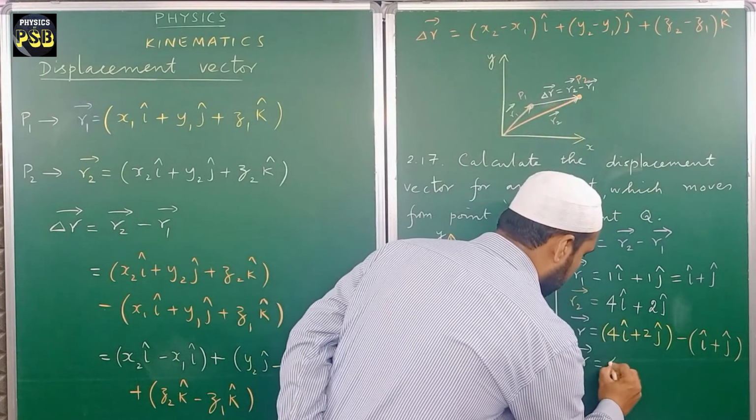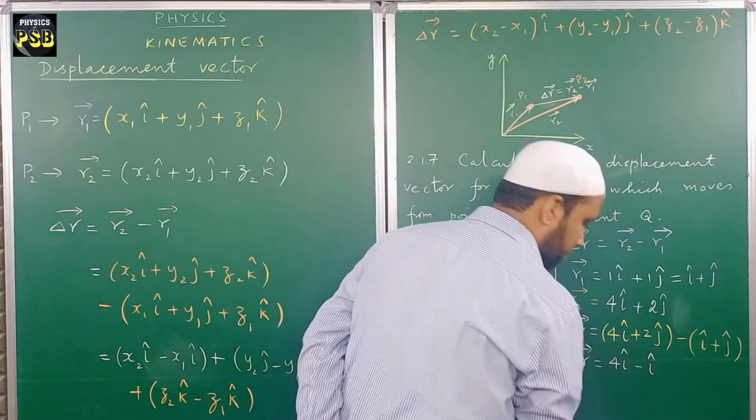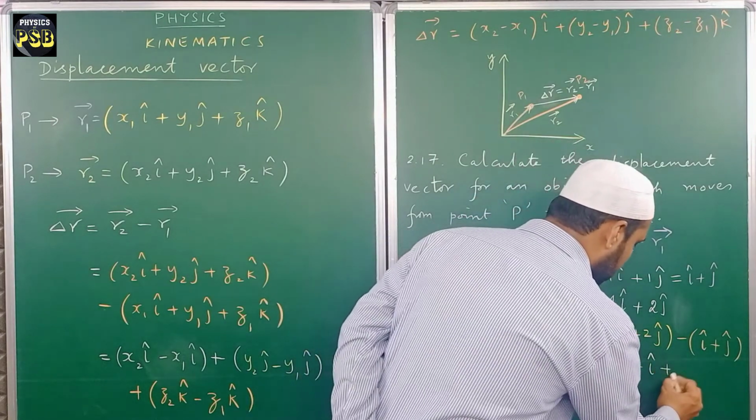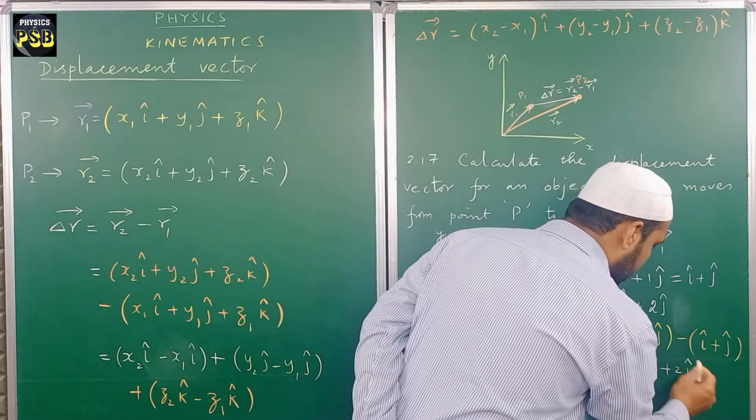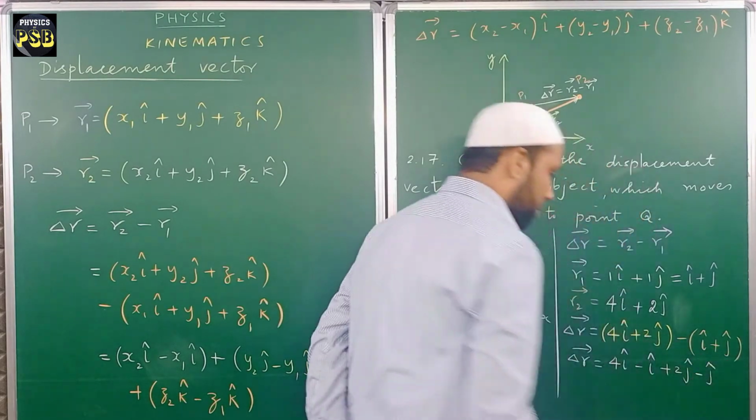Now see, 4I cap minus I cap here, plus 2j cap minus j cap.